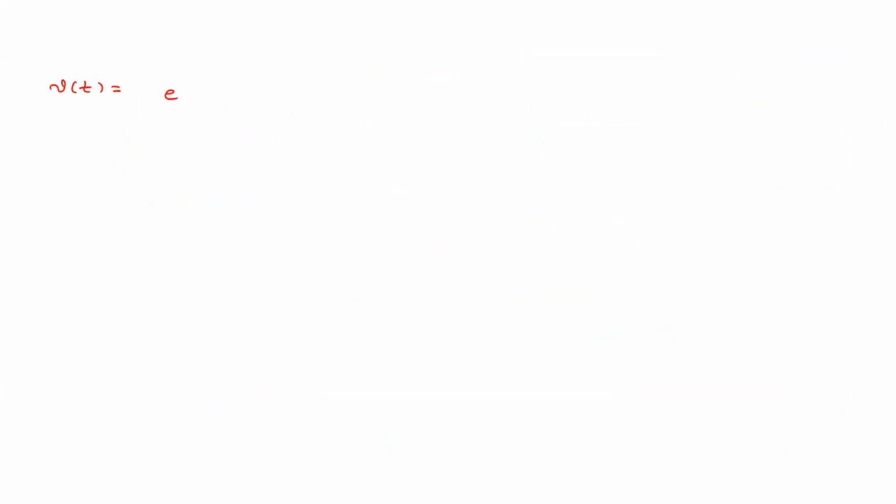Alpha is 2, so e to the power of minus 2t into A1 cos root 12 t plus A2 sine root 12 t, plus what will come after this?